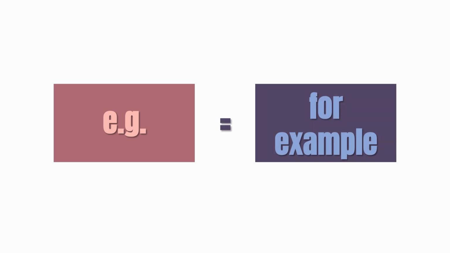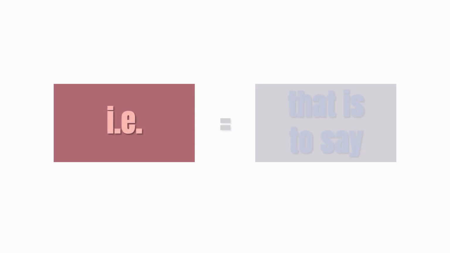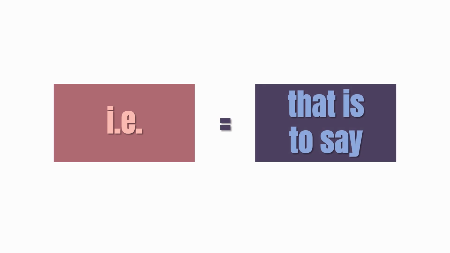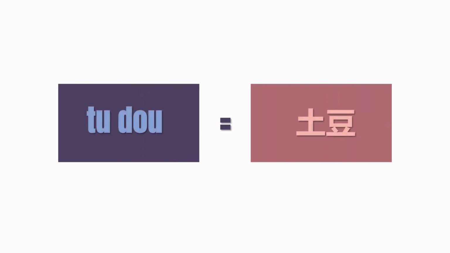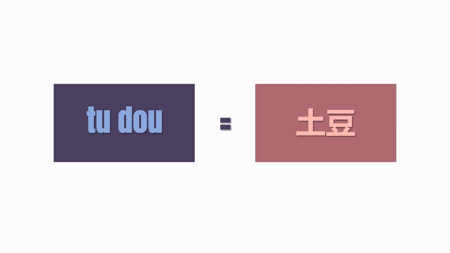In fact, Latin words like e.g. or i.e. work just like this. The correct way to pronounce this is "for example." And for this is "that is to say." Now let's replace Kartoffel with the real Chinese word 土豆.